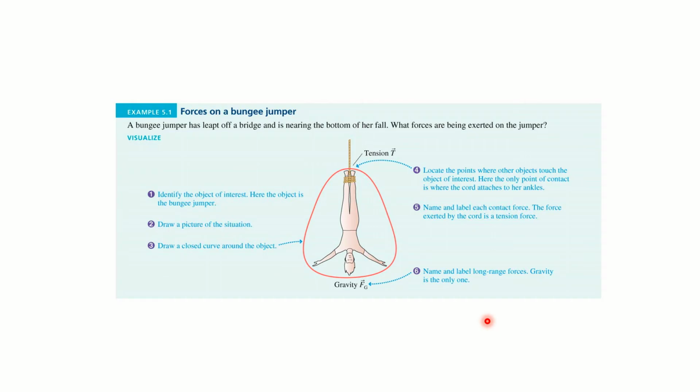So the last thing is let's actually really quickly just walk through a quick example of how to do this. So example, forces on a skier. We have a skier being towed up a snow-covered hill by a tow rope. What forces are exerted on the skier?